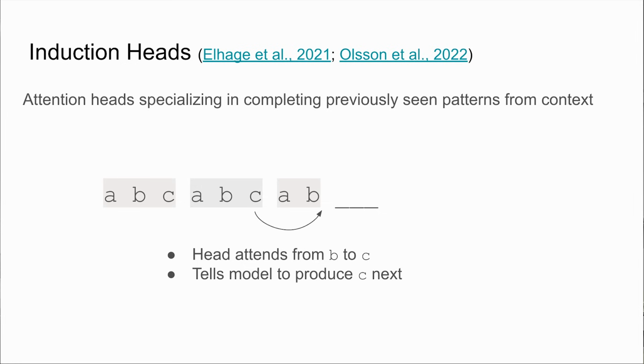So this is the token that followed the last B in the pattern. And you're able to move that information over to the B token in order to predict C as the next token. So I'm drawing attention here. B is attending to C, but the flow of information is forward in the sequence.